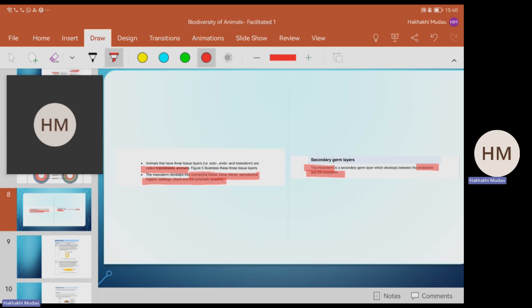So the mesoderm is the one that gives rise to other things besides the alimentary canal, or the digestive system, and the skin. It forms your connective tissue, your blood, your bone, your reproductive organs like your uterus, cartilage, and lymphatic systems. Hence we say that triploblastic animals have complex organs because they have the mesoderm, which gives rise to all those things.